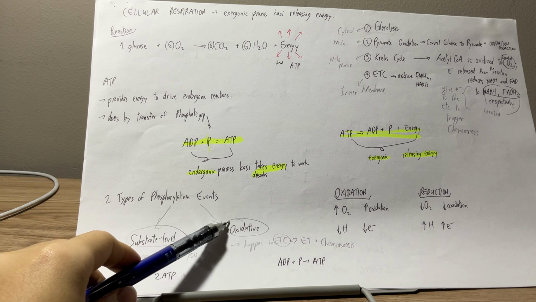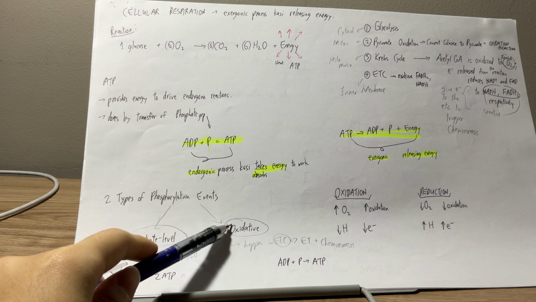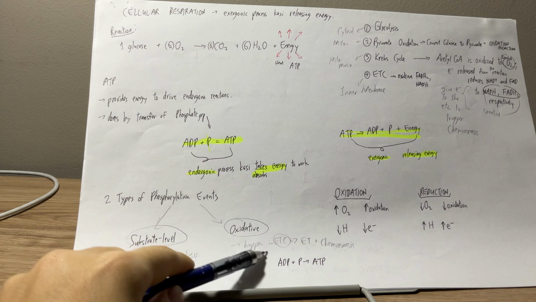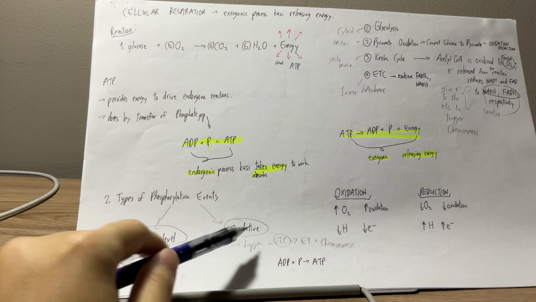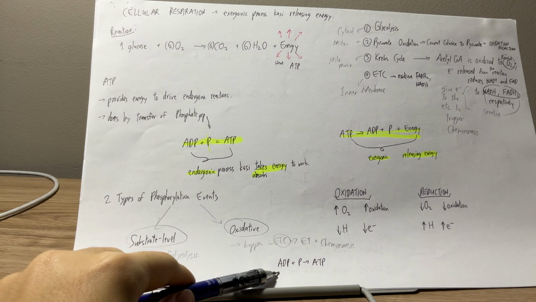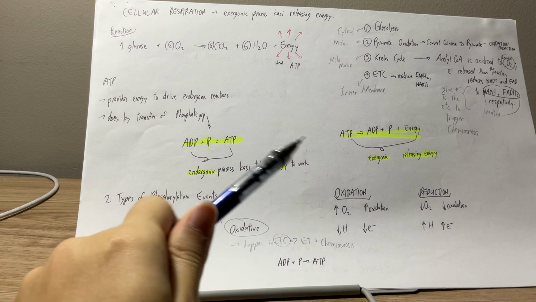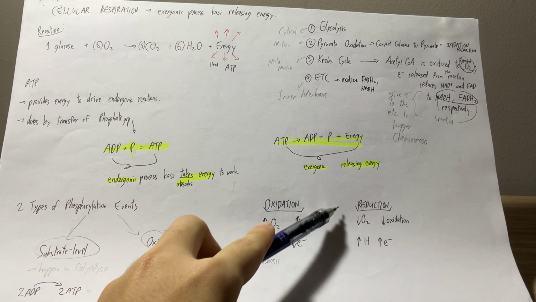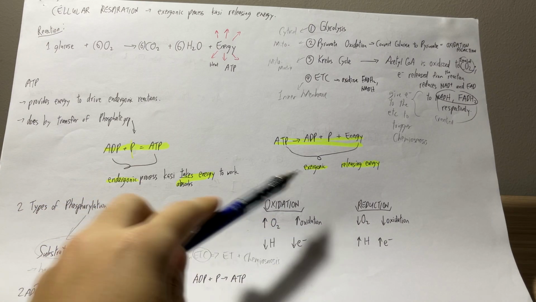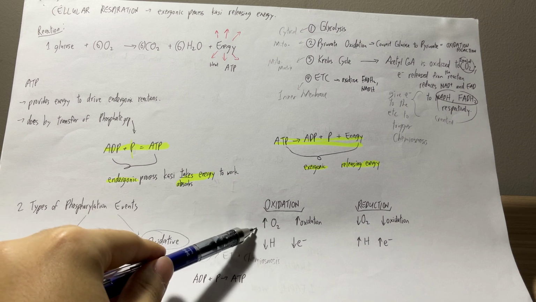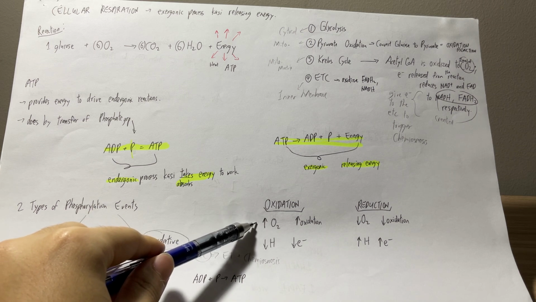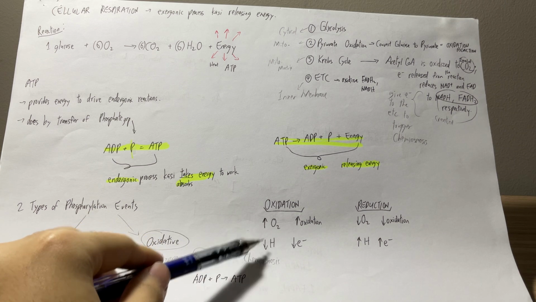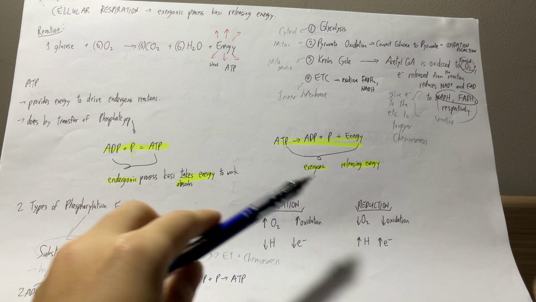In oxidative phosphorylation, this happens in chemiosmosis. So in the electron transport chain, ADP plus P is equal to ATP. Again, these are two important things to know. Oxidation: increase in oxygen, decrease in hydrogen, decrease in electrons.